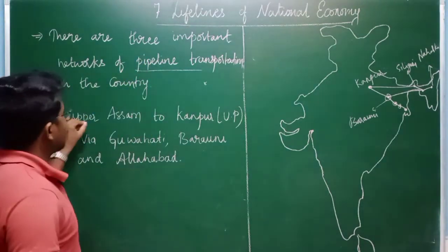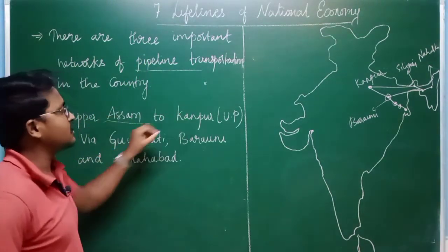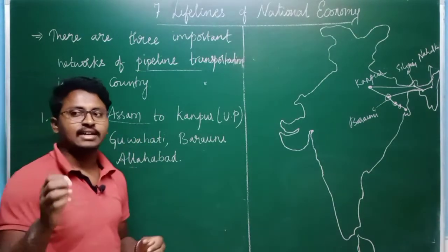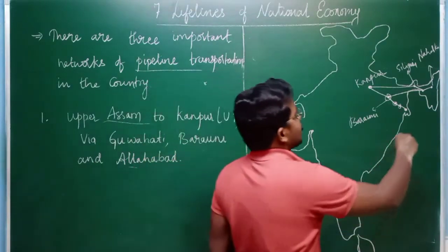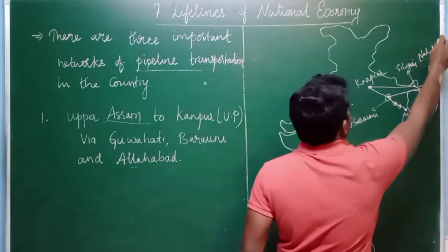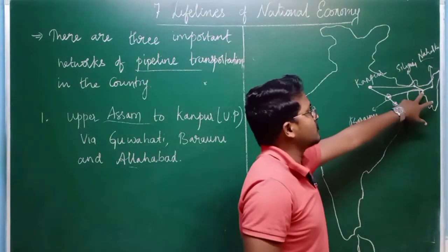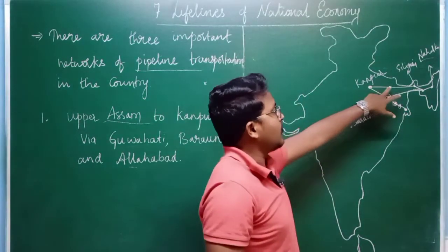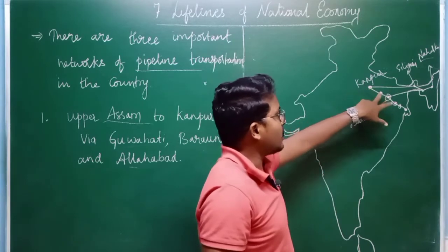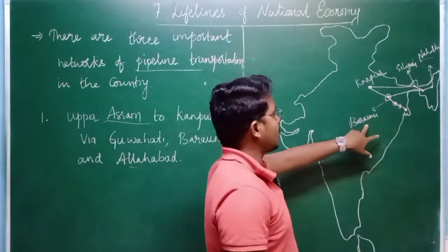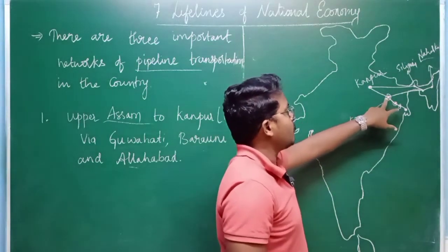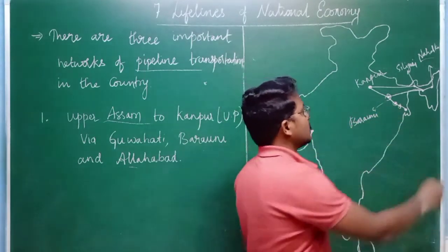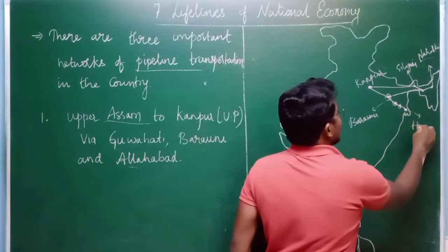The first one is from upper Assam to Kanpur via Guwahati, Barauni as well as Allahabad. If you look at the map, starting at the upper part of Assam with Naharkatia, then Guwahati, then Siliguri in West Bengal, then through Allahabad to Kanpur, and from Kanpur to Barauni, which is located in Bihar, and from Barauni to Rajband and Rajband to Maurgram, then followed by a place known as Haldia.